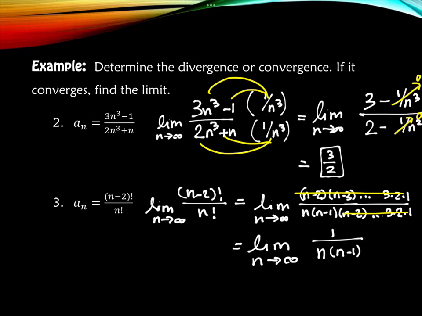We have something that's infinite in the denominator. n is going to infinity, so n minus 1 is also going to infinity. The entire denominator is going to infinity. And if you divide by something that's getting infinitely large, and the top's constant, this value will be what? 0, yeah. So this one's 0. It converges to 0. And again, we know it converges because we found its value.